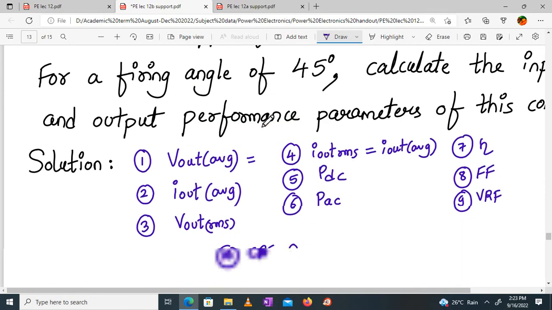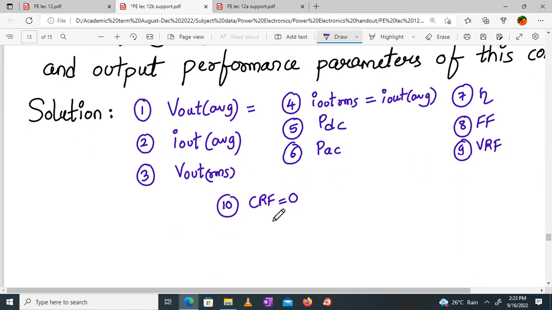Next, we calculate I in 1. Remember the formula? Then we calculate phi 1 minus 45 degree. 45. Then we calculate displacement factor.